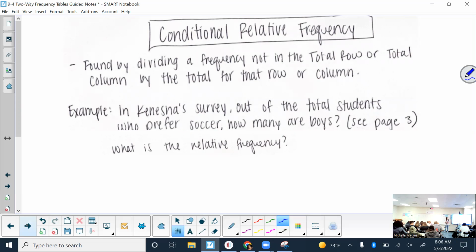Found by dividing a frequency not in the total row or total column by the total for that row or column. That's the key part there. So not by the grand total. It's found by dividing a frequency not in the total row or total column by the total for that row or column.